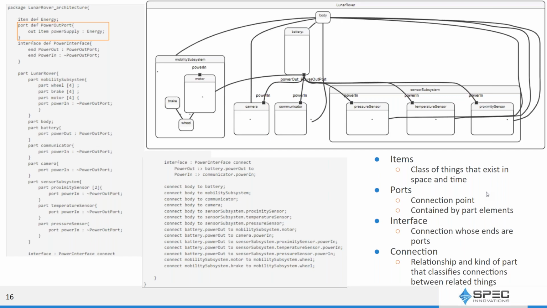So ports are compatible if the directed features match with the inverse directions, and each port has an implicit conjugate port definition that reverses the input and output features, and ports can be nested. So what's currently highlighted is the port def power out port, which has an out item power supply typed by energy.